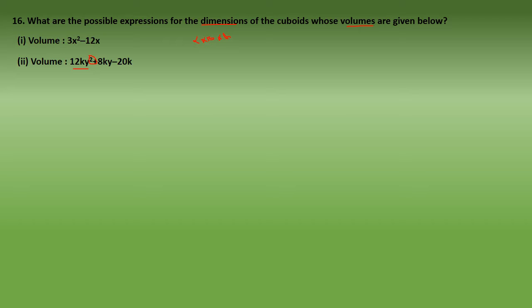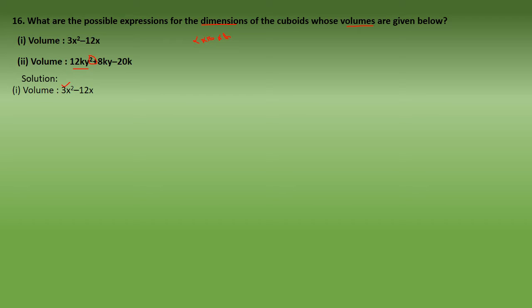So let us begin with the first subpart, which is very simple. Only one variable is there. The first subpart is 3x square minus 12x. What can we take common? 3 is in the table of 3 and 12 is also in the table of 3, so we can take 3 as common.